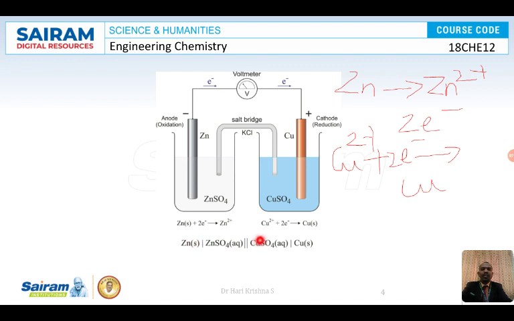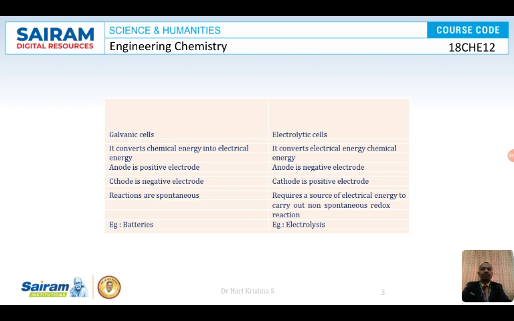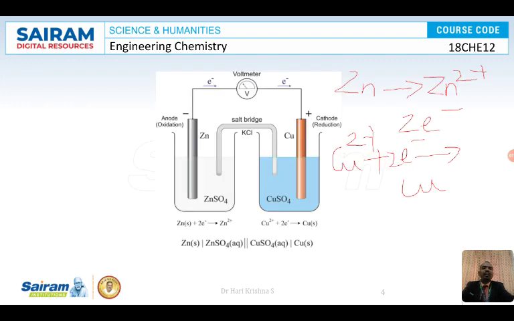The salt bridge is written by 2 vertical lines. Can you see here? On the left hand side you write the anode, and on the right hand side you write the cathode. What is the anodic reaction? Zn is giving Zn2+.